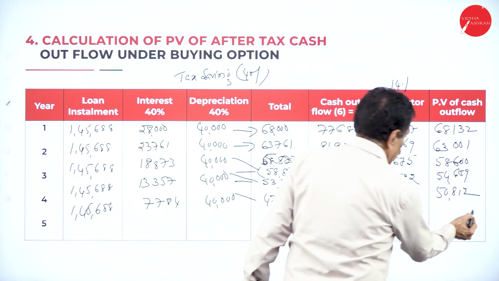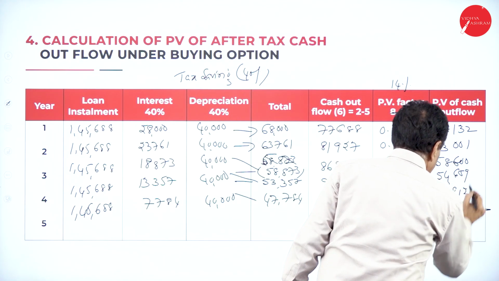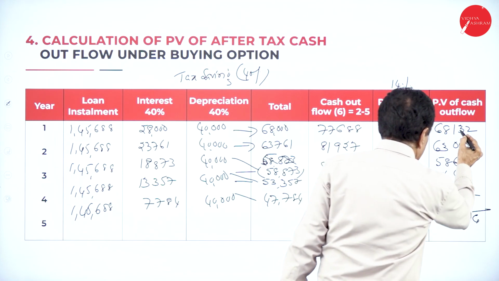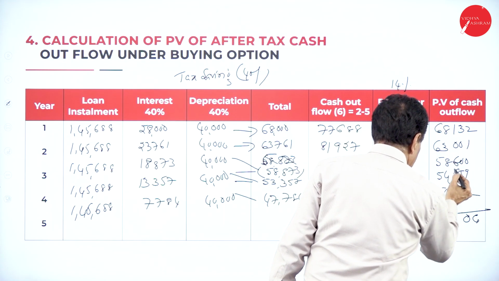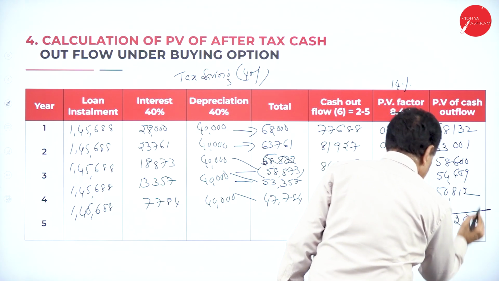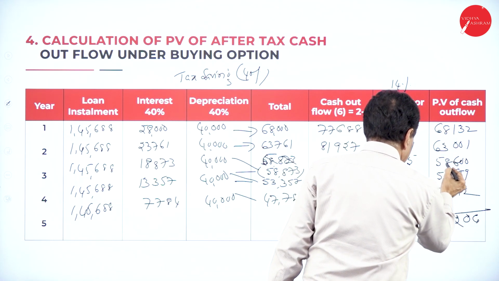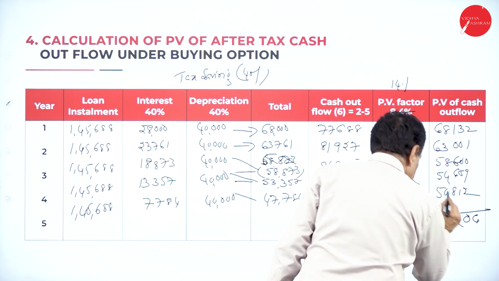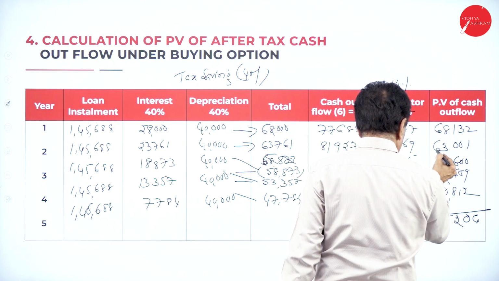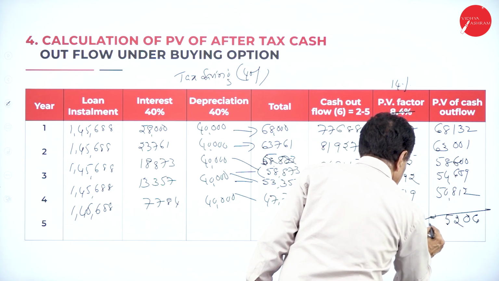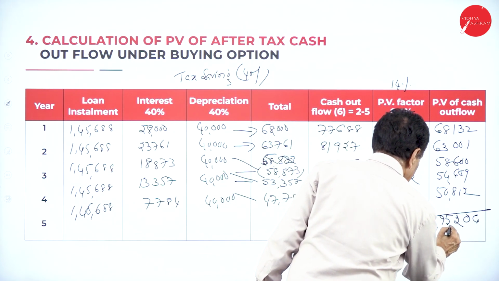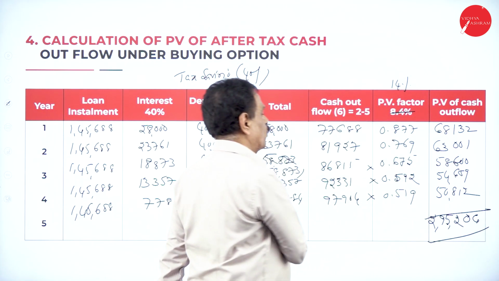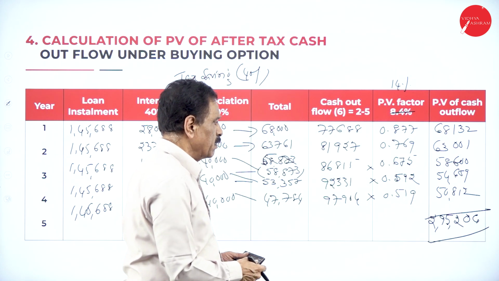Made the total cash outflows. Two lakh 95,204 cash outflows.